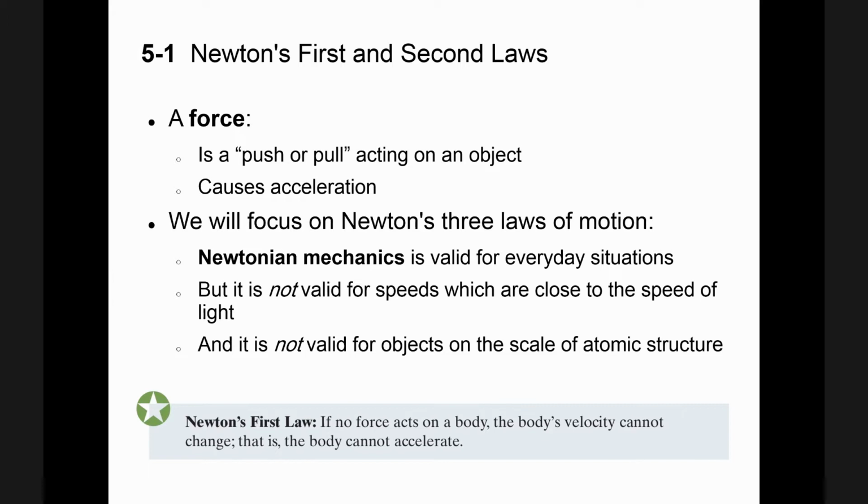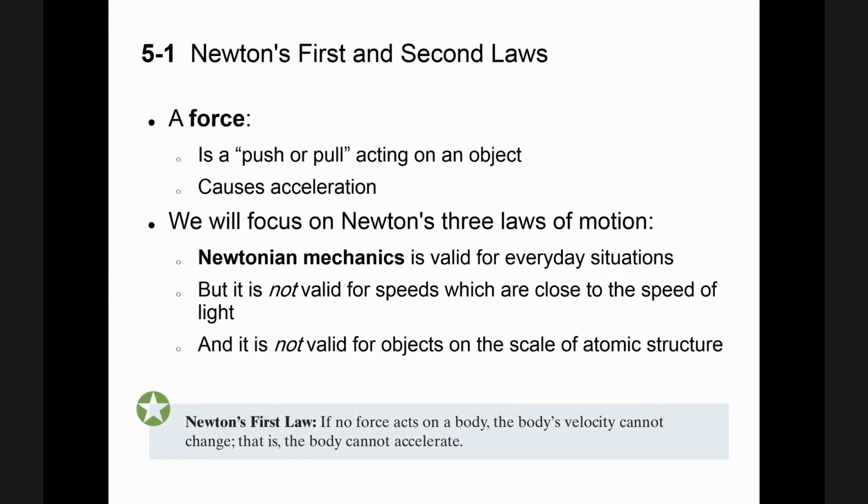But we don't talk about speeds or velocities close to the speed of light. Another thing is that it is not valid for objects that are really small, on the scale of the atomic structure. Scale of atomic structure means hydrogen atom dimension or less. So we don't study very tiny objects in Newtonian mechanics, or in this course, what's called classical mechanics.